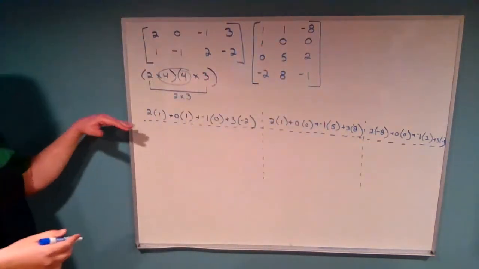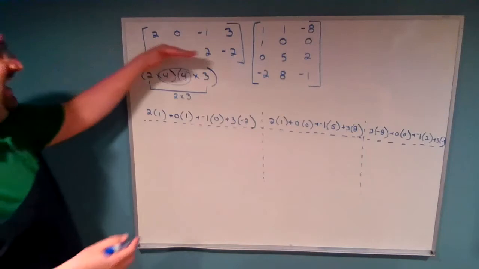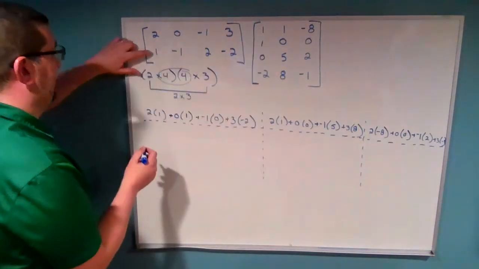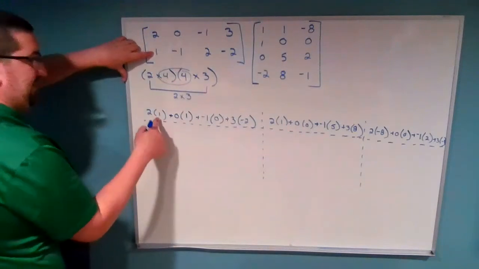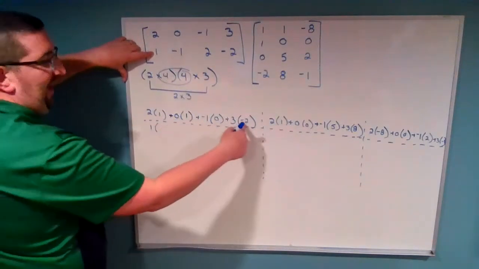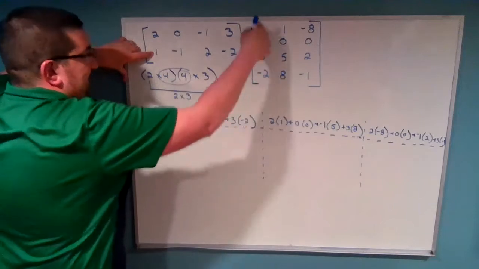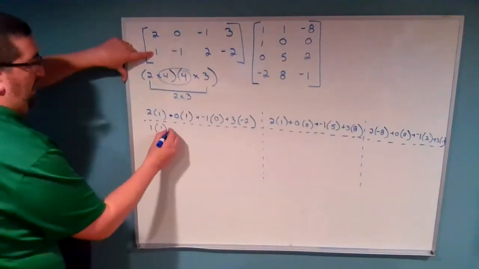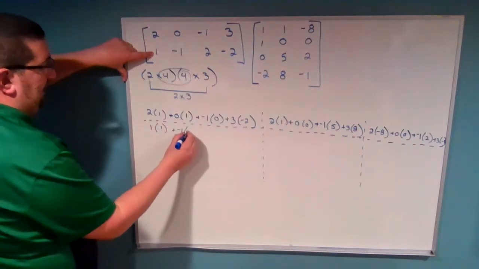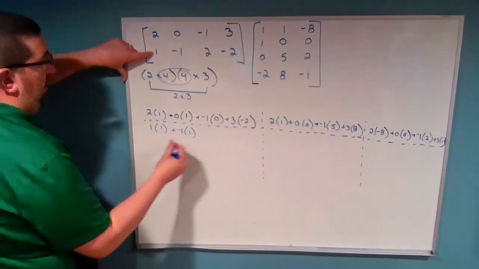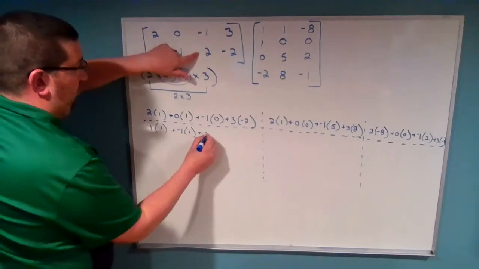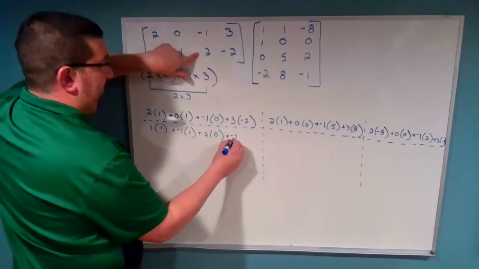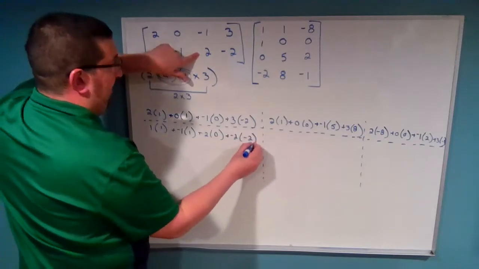Now we're moving on to our second row, first column. So that would be 1 times, now I like to use these, I know they're going to be the same for this column. So this is 1 times 1 plus -1 times 1 plus 2 times 0 plus -2 times -2.